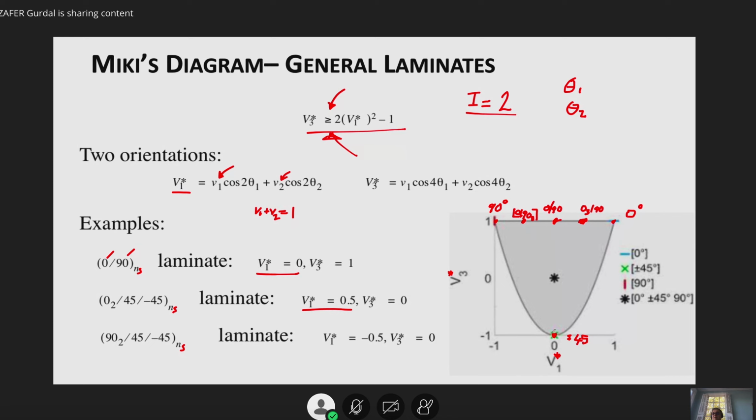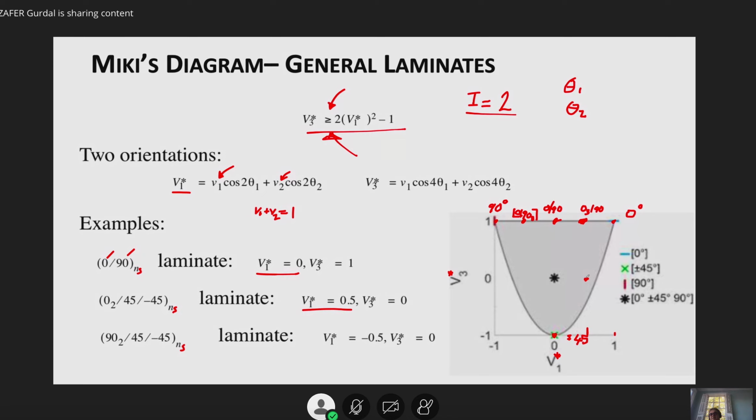So V1 star 0.5, halfway here, and V3 star 0, so it will be a point somewhere here, halfway between this and this.